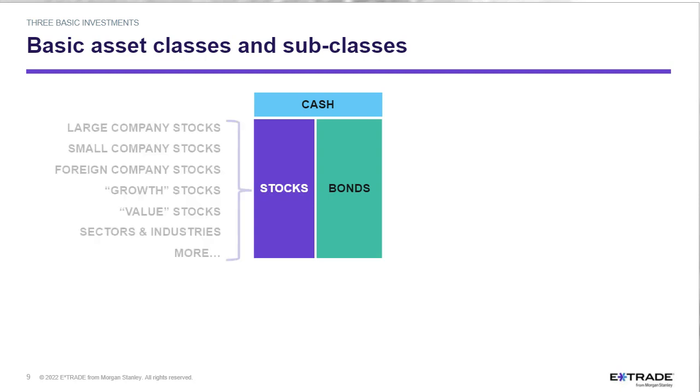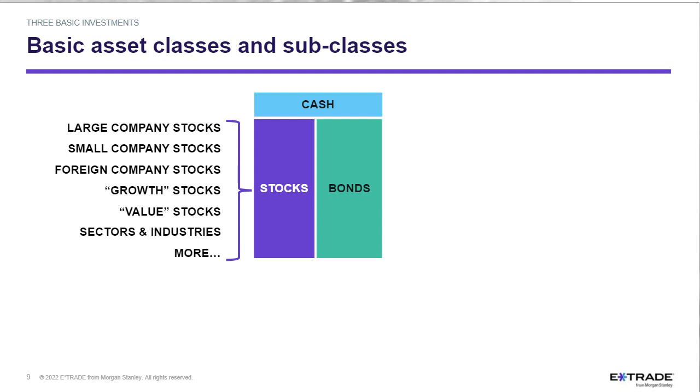So for instance, when we talk about stocks generally, there are large company stocks, like the companies that you probably know, the Googles, the IBMs, the Disneys, the Bank of Americas of the world. And there are small company stocks, many of which you probably have never heard of. The difference between large company stocks and small company stocks is important, and it is something that we will talk about more as we move along here.